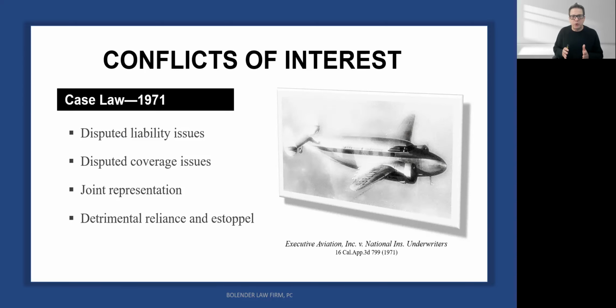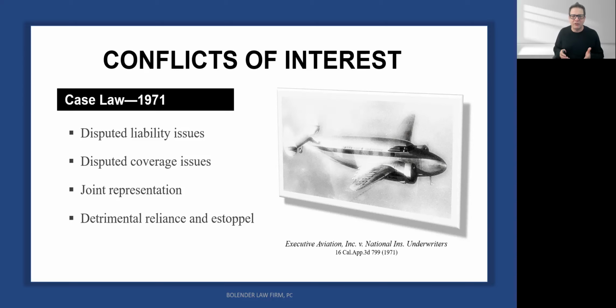And that factual issue was this: the mysterious flight, was it a sales demonstration flight or was it a common carriage flight? And that issue in the litigation was intertwined with a coverage issue.